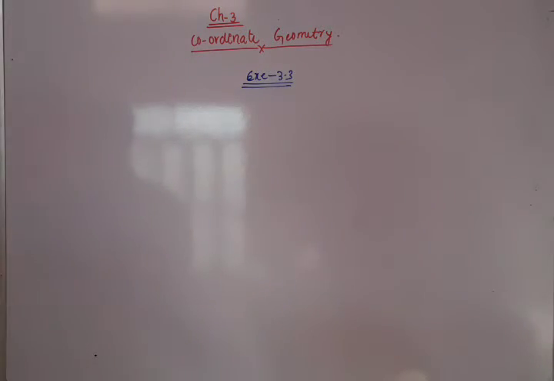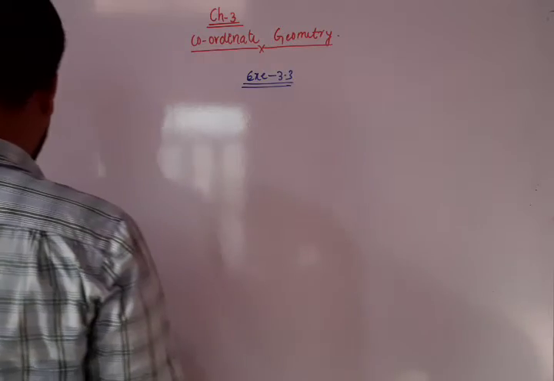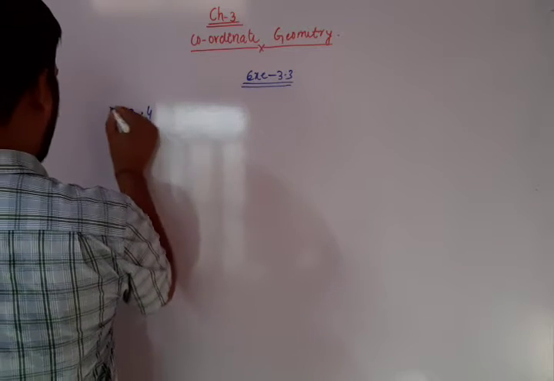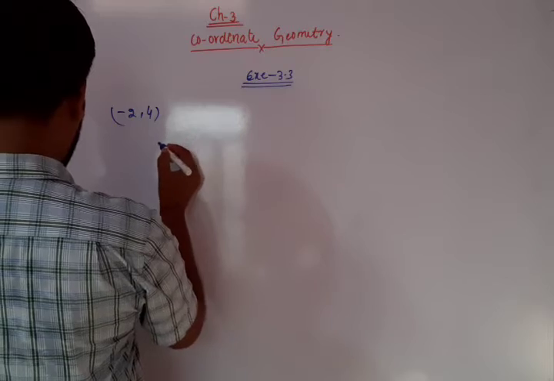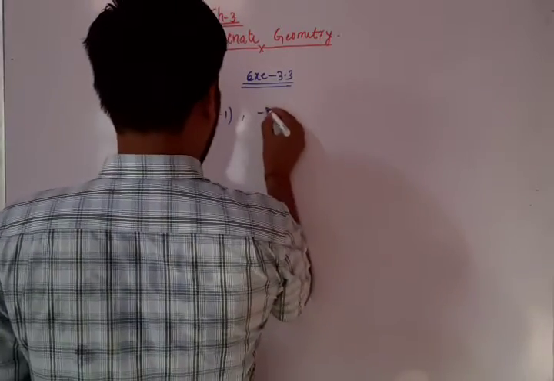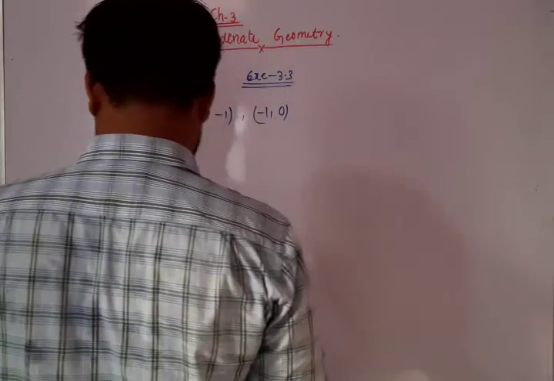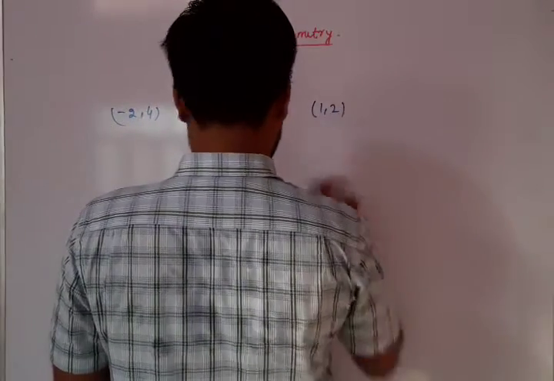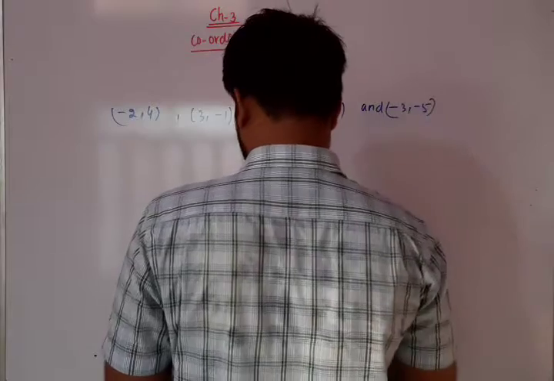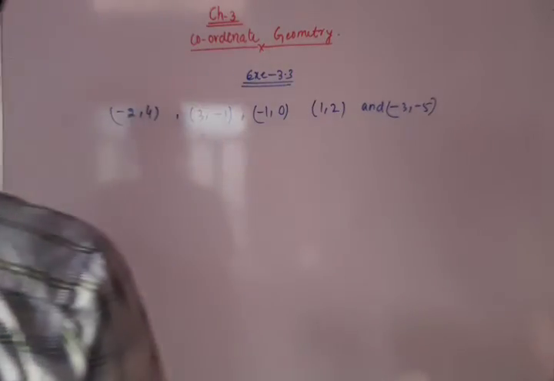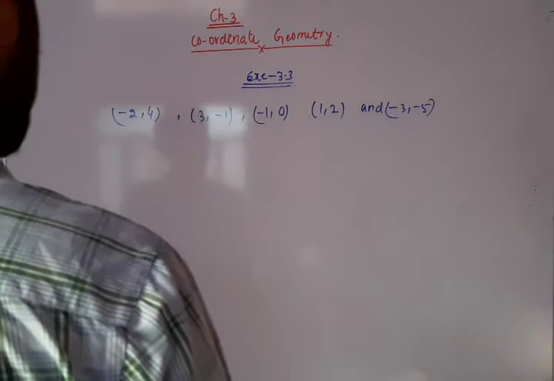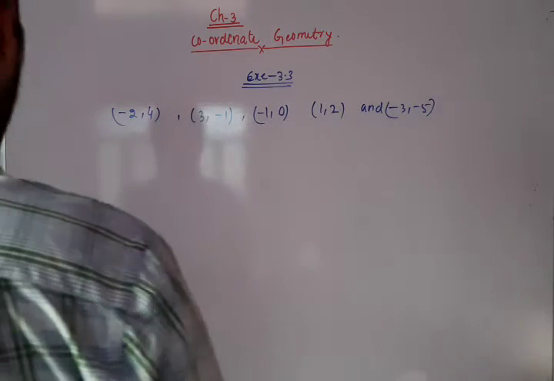In which quadrant or on which axis do each of the points lie? The points are (-2, 4), (3, -1), (-1, 0), (1, 2) and (-3, -5).